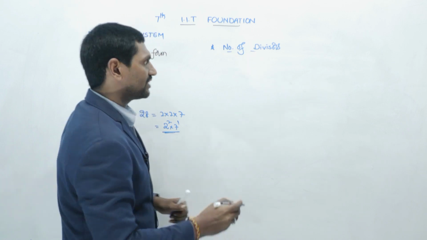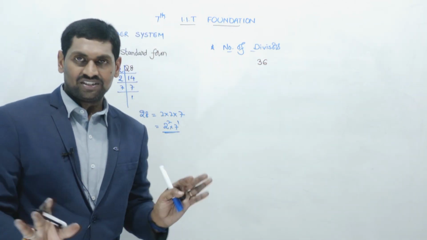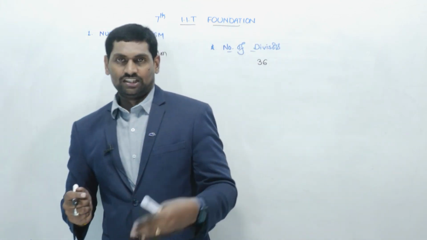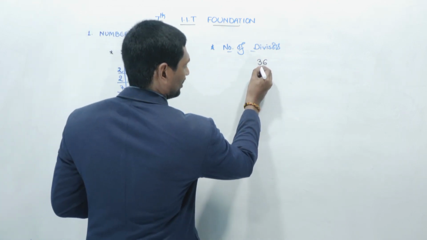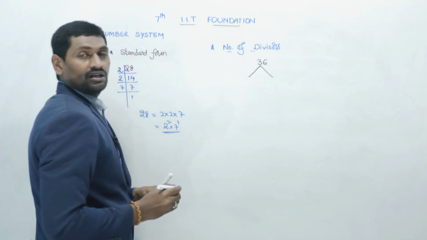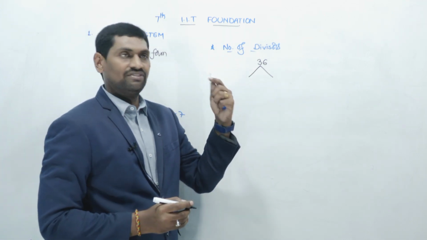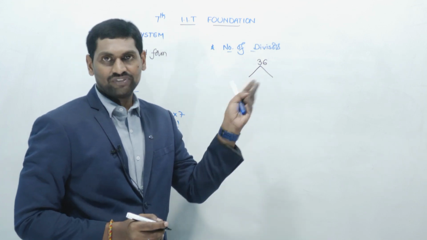I am taking the composite number 36. Now I am just using the general method. The general method is choosing one by one from the set of natural numbers, every number, and checking which number is exactly divisible, or which number will be a factor of 36.